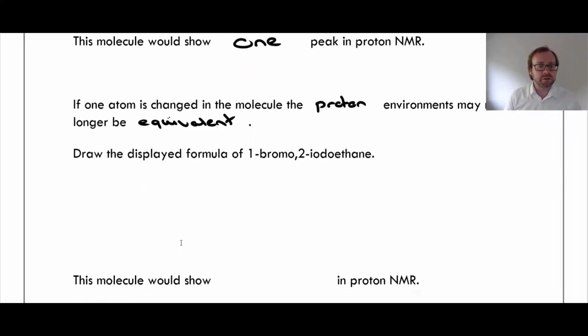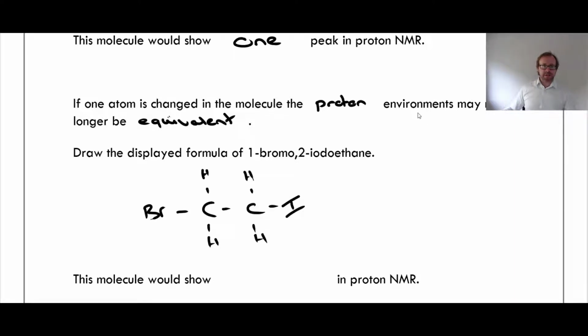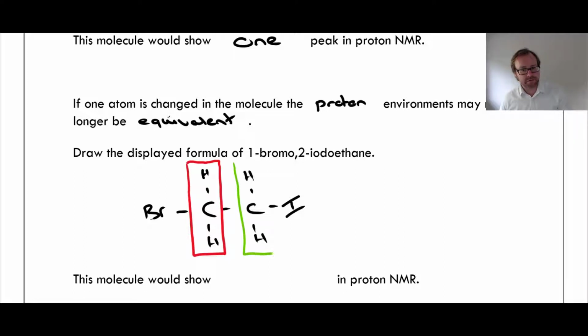Okay, your turn again. Draw the displayed formula of 1-bromo-2-iodoethane. Okay, so in this example, we've changed the ends of the molecule. So we've changed one of the bromines for an iodine. This means that this molecule is not mirrored and is not exactly the same on either side. Therefore, the hydrogens on this carbon will be in a different environment to these ones.